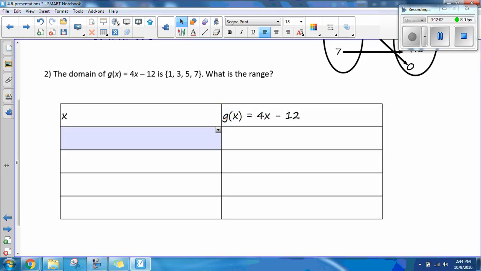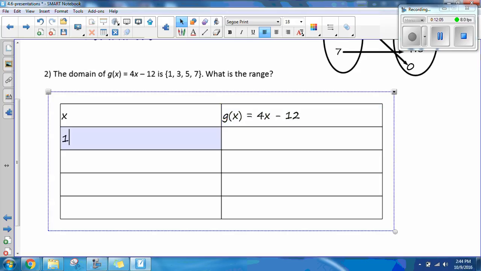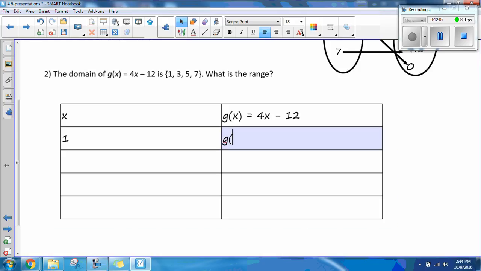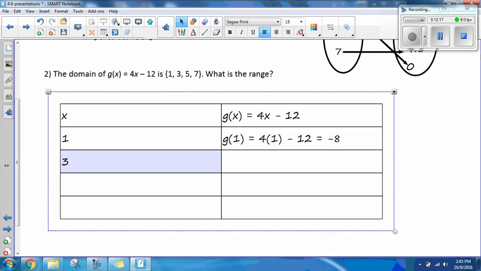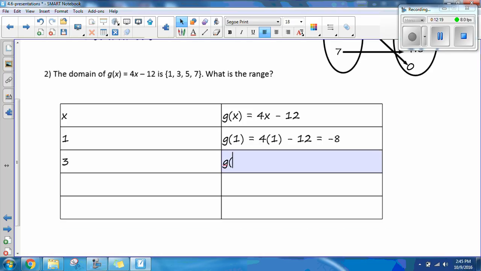So our first domain value is 1. So we do g of 1 equals 4 times 1 minus 12, which equals negative 8. Our second domain value is 3, so the function g, when x equals 3, equals 4 times 3 minus 12, which equals 0.